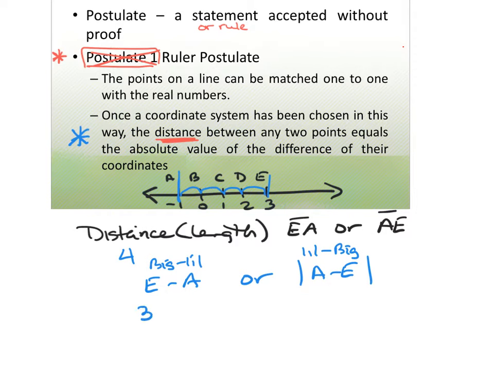So if I do 3 minus -1, keep flip change, and you get 4. But if I did it this way, it would be -1 minus 3, and I get a -4. So this is why we have to find the absolute value, because again, distance or length is never a negative number. Pretty good?